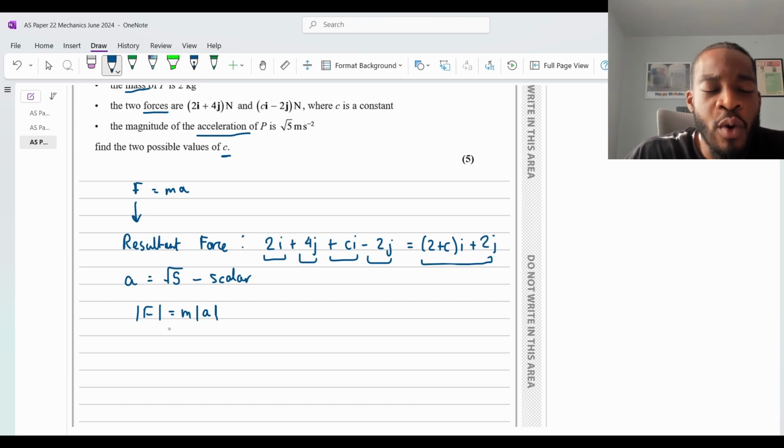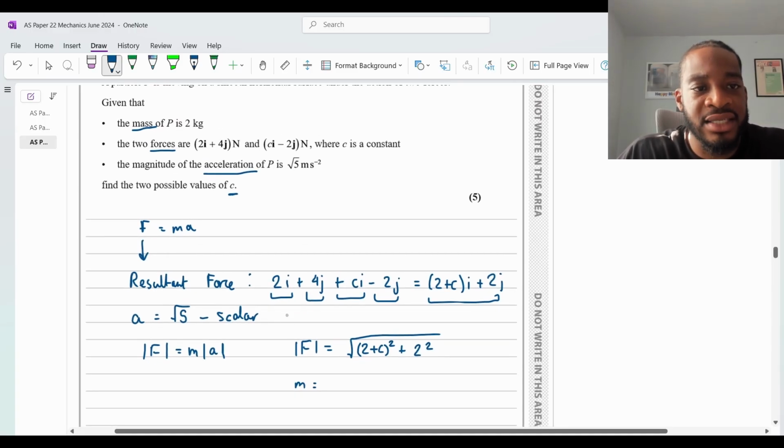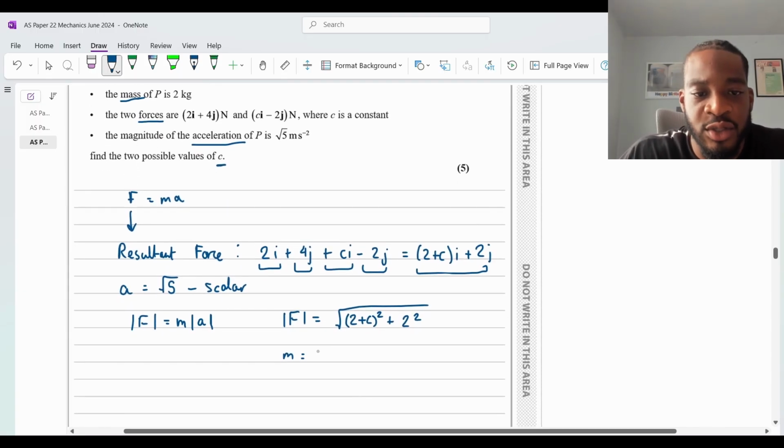So all we're going to do is plug everything in now. If that is F, the resultant force, the magnitude of F is just going to equal the Pythagoras of those two: (2 + c) all squared plus 2 squared. We know what m is: the mass of P is 2 kilograms, so m is 2 and a is root 5.